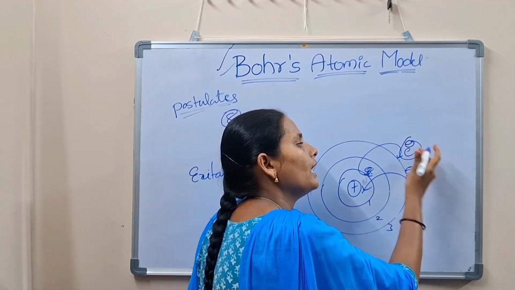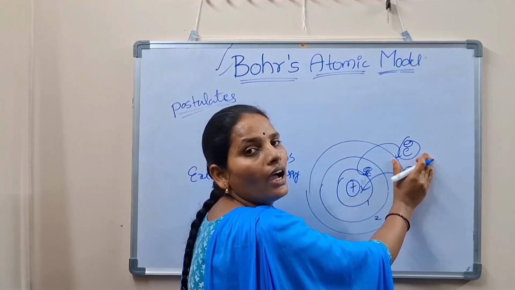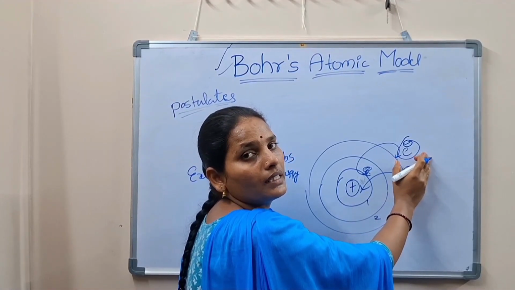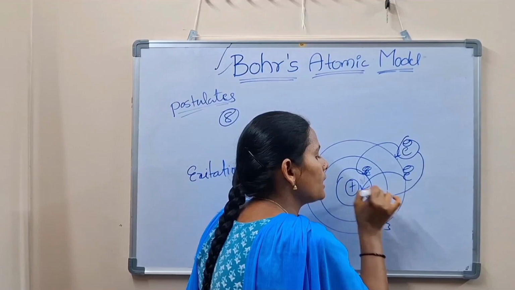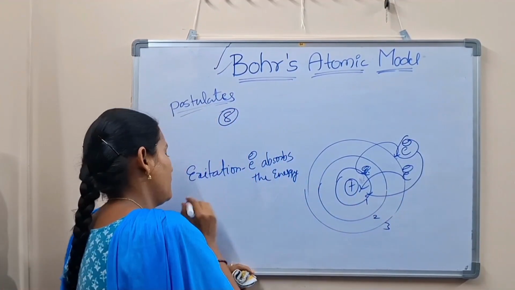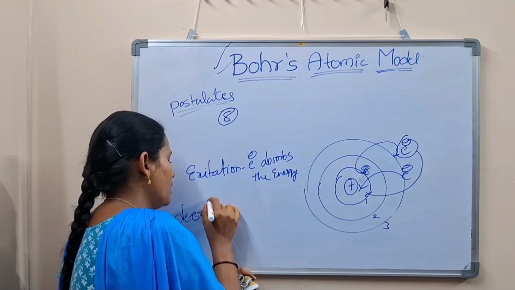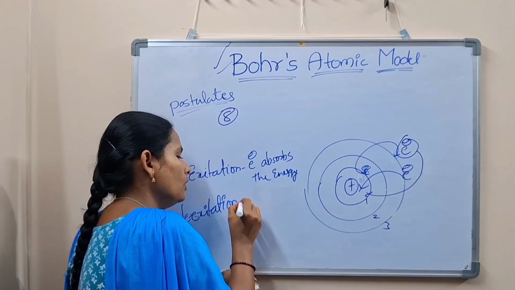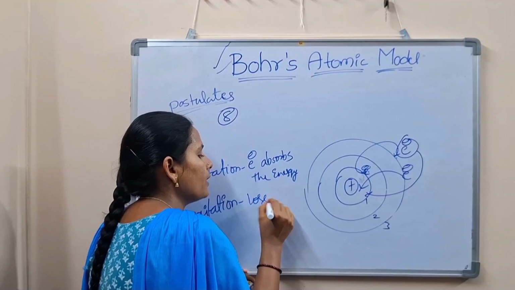Likewise, the electron says, I am not stable here, so I lose my energy and get stability by going back. That back movement is the de-excitation. During the de-excitation, it loses energy.